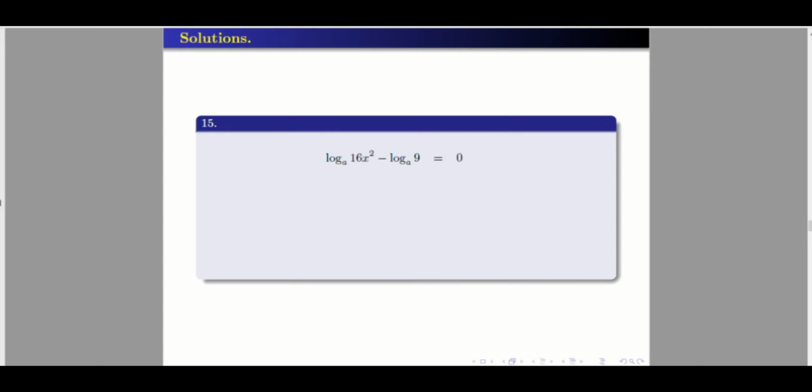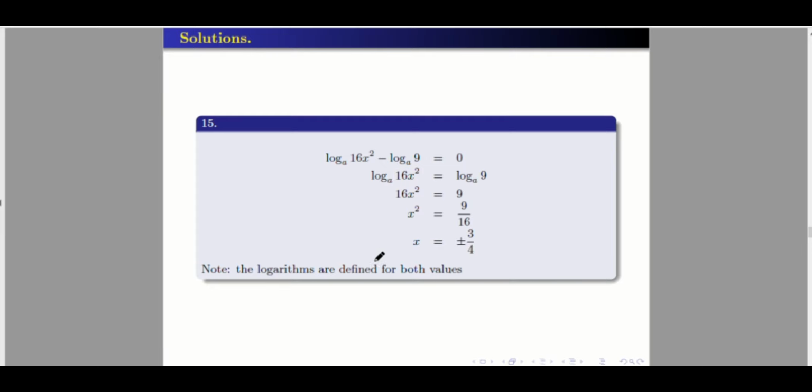Okay, 15. So the same thing, I will transpose that 1 to the other side. And then by the one-to-one property, dividing both sides by 16 and taking the square root. If we take the square root, we have this, since 9 is 3 squared, 16 is 4 squared.